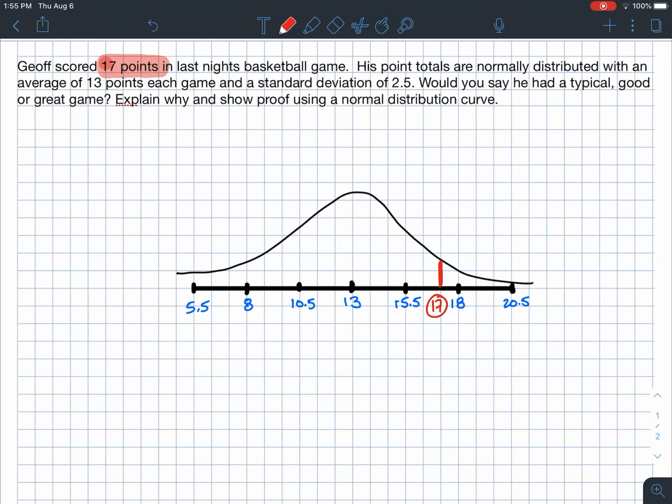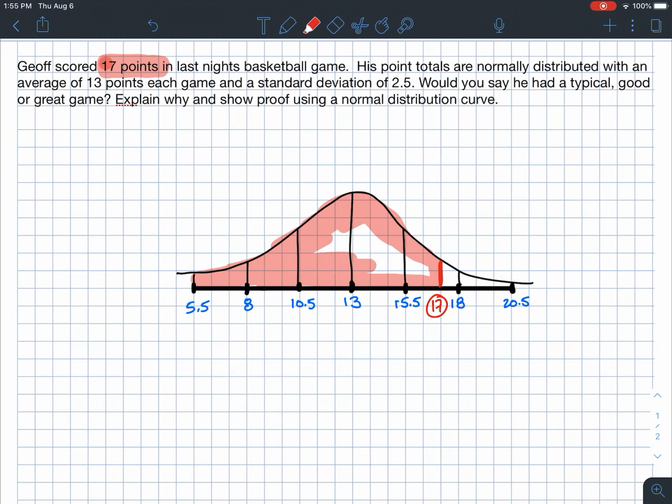That's what he did that night, okay? So we can't really use our percentages that we were using because those percentages were tied directly to these standard deviation lines and the mean. Now we're kind of in between, but what we can say is that Jeff was right up to here.